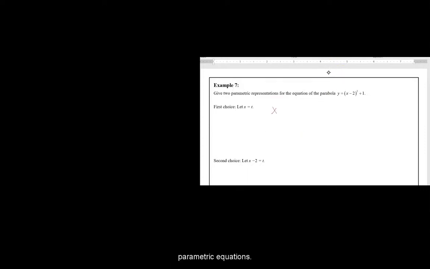Let's do that now. If x is going to equal t, that would be the first of my parametric equations. Then I will write my second parametric equation, which will be y as a function of t, by replacing the variable x with t. I know it sounds stupid, but this is in fact a parameterization of the equation.